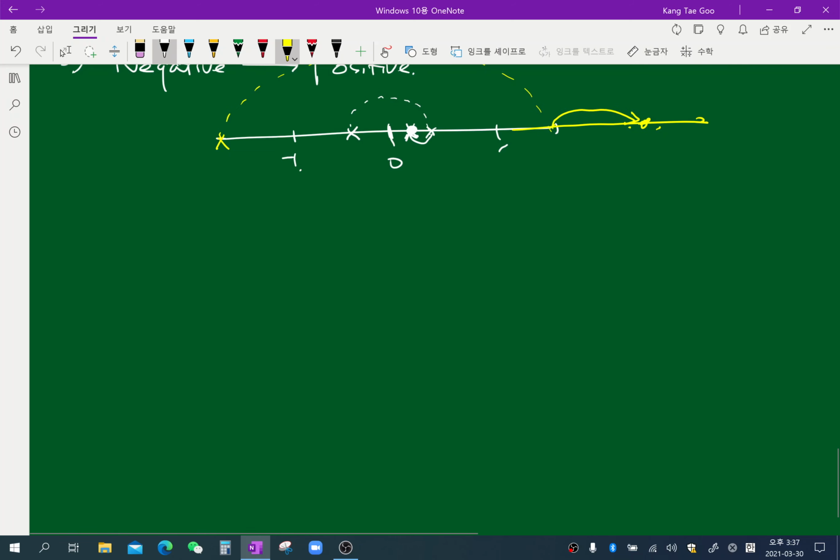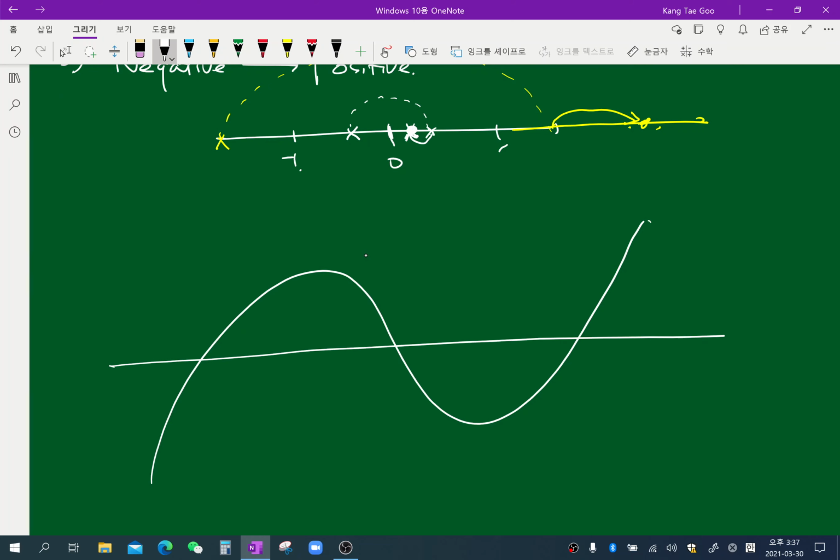So for example, if we have the graph like this, again always the same graph. In this case, we don't need the y-axis, but we need two supplementary lines, y equals 1, and another one is y equals negative 1. Y is 0, right?